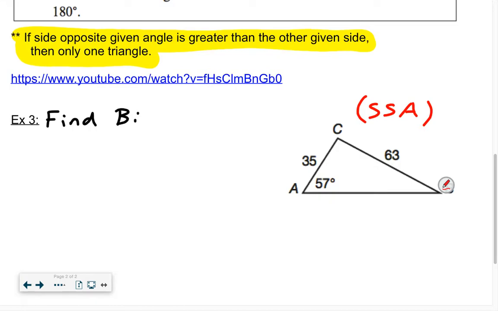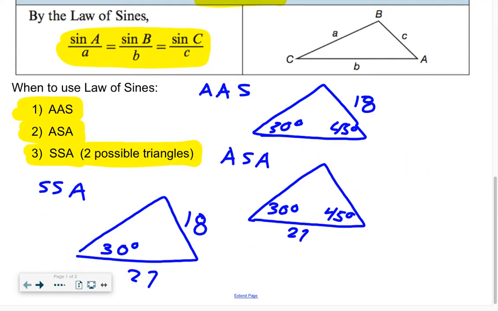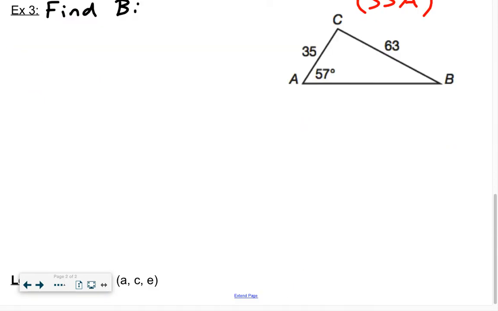What would you like to use to solve for it? Well, probably the only method that we have to solve for it is going to be our law of sines. If we go back, law of sines tells us that yes, we can use SSA. Therefore, the sine of 57 is going to be over what?